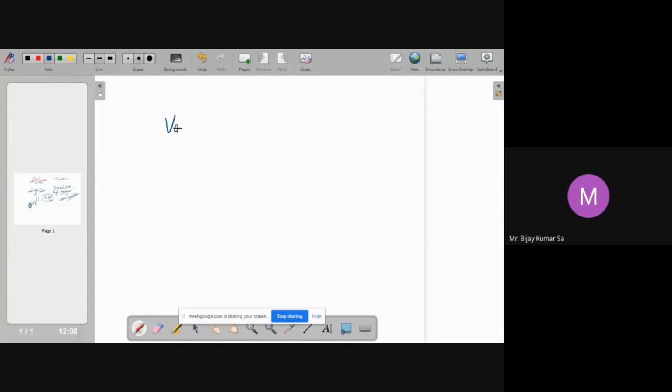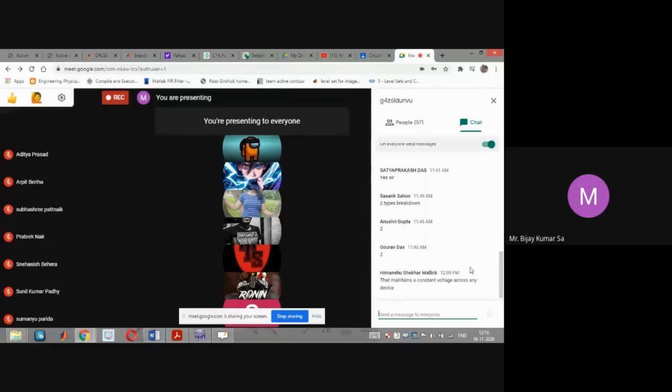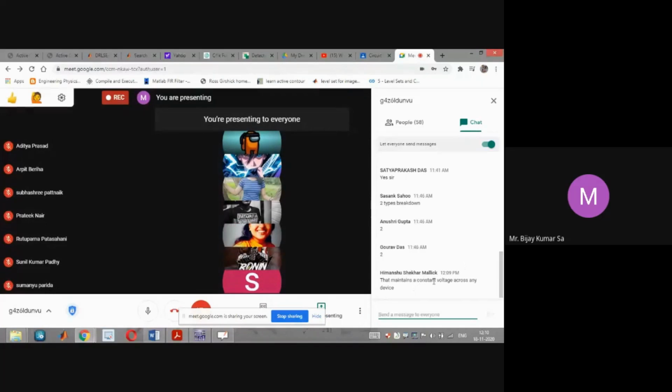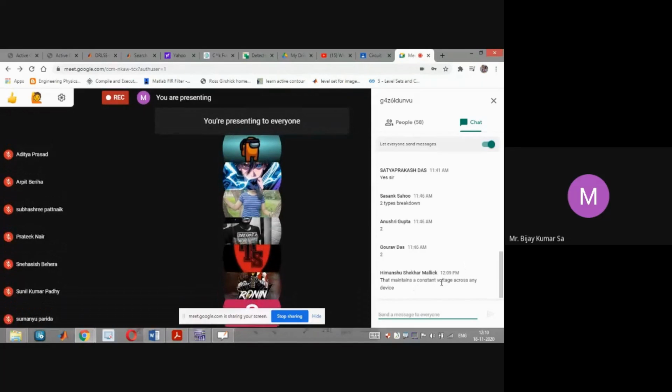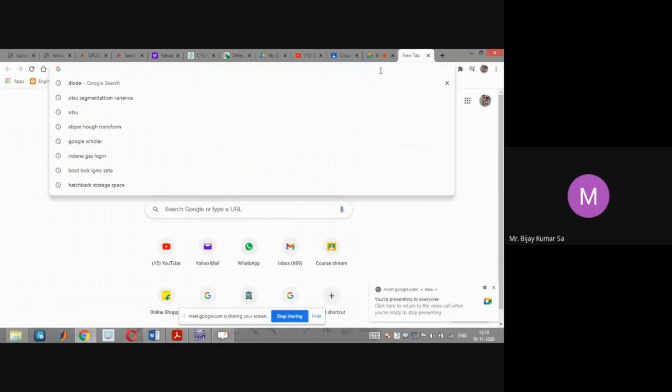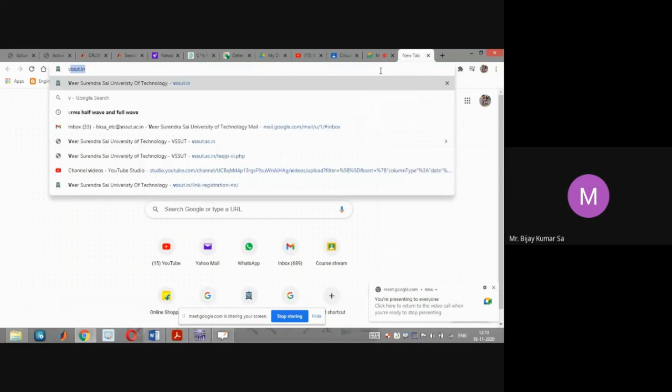What is a voltage regulator expected to do? Somebody? Okay, Himanshu Sekhar says that it maintains a constant voltage across any device. Okay, let us Google what a voltage regulator is.